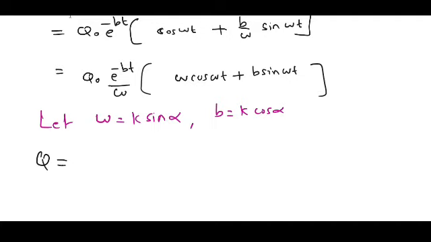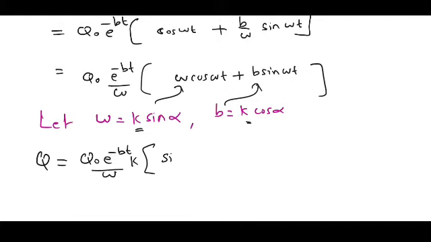q is equal to q0 e power minus bt divided by omega. Here if you substitute this one, the k will be common, I take that k outside, then the remaining term will be sin alpha cos omega t plus cos alpha sin omega t.